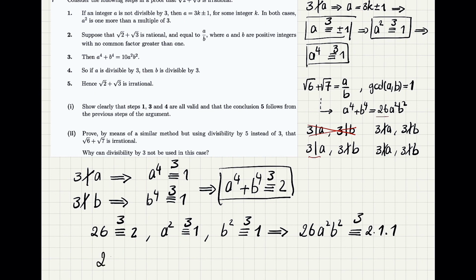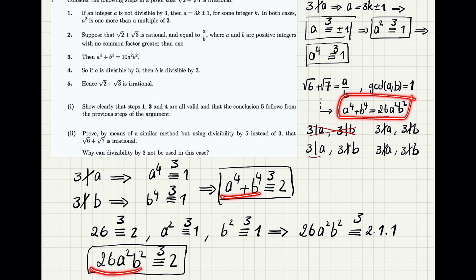So 26 a squared b squared is congruent to 2 modulo 3. But you see, this is no longer a contradiction. It might happen, because this number is equal to this number because of the expression we have. But both of them, of course, are congruent to 2. So this is not a contradiction.